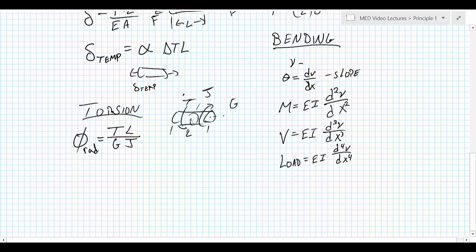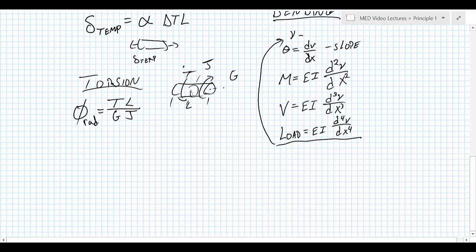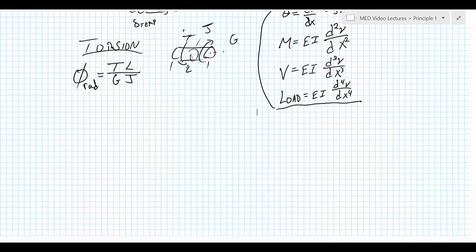Usually, in this class and in most situations, we know the loading and we are interested in finding the deflection. So we're going to come back to this when we talk about shear and bending moment diagrams. But before we get there, I'd like to talk just a little bit about how we can deal with the fact that in most situations we have lots of areas for something to deflect.